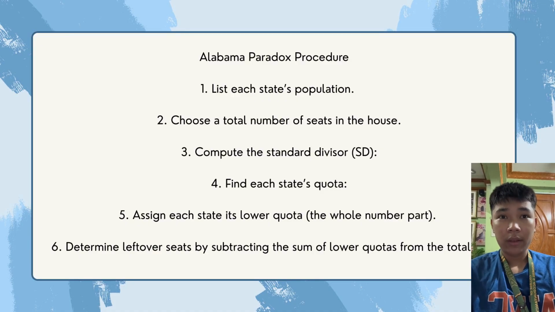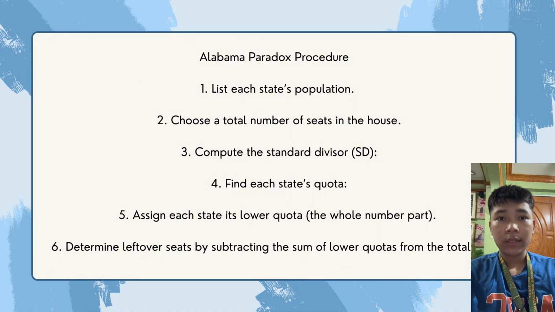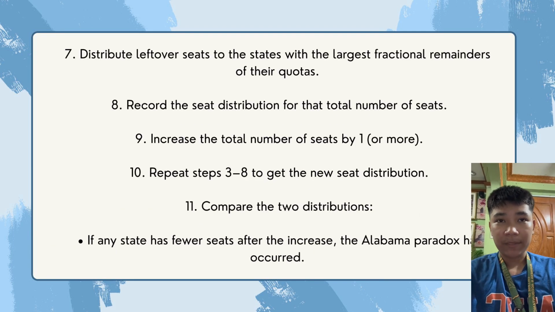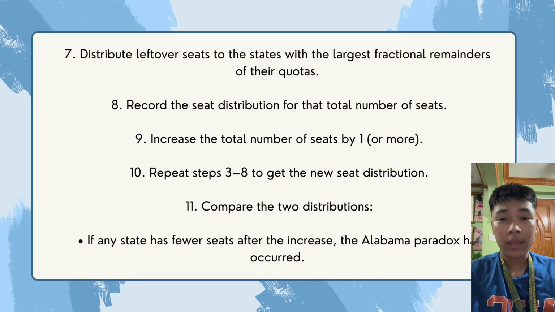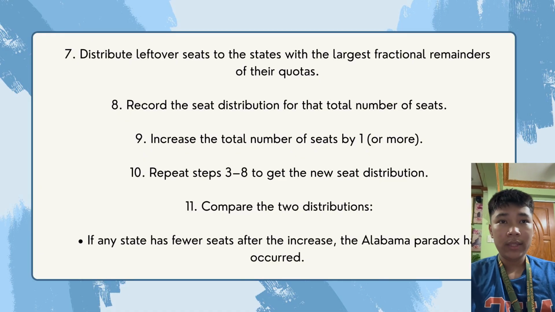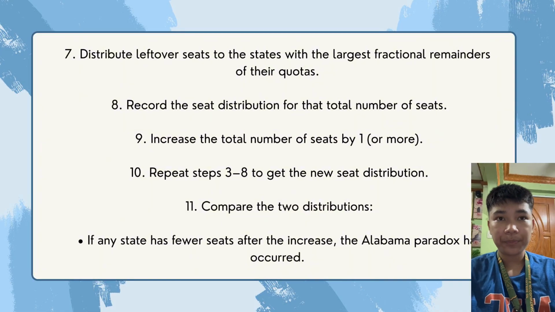Step 5: assign each state its lower quota. Step 6: determine leftover seats by subtracting the sum of lower quotas from the total seats. Step 7: distribute leftover seats to the states with the largest fractional remainders of their quotas. Step 8: record the seat distribution for the total number of seats.